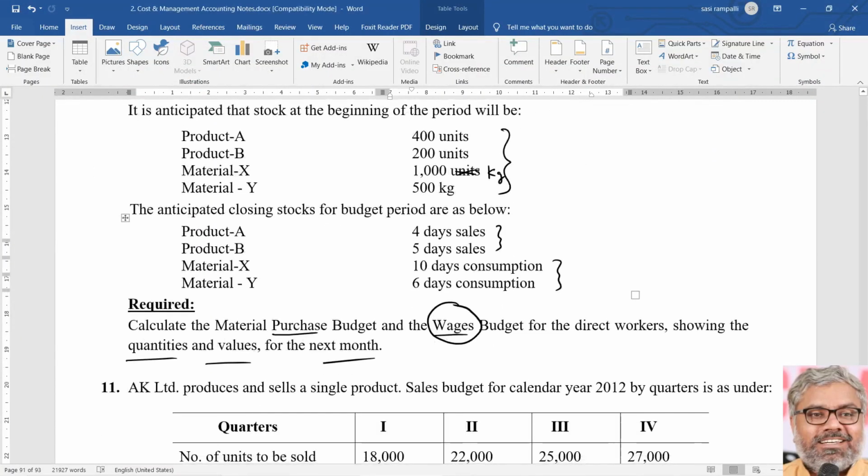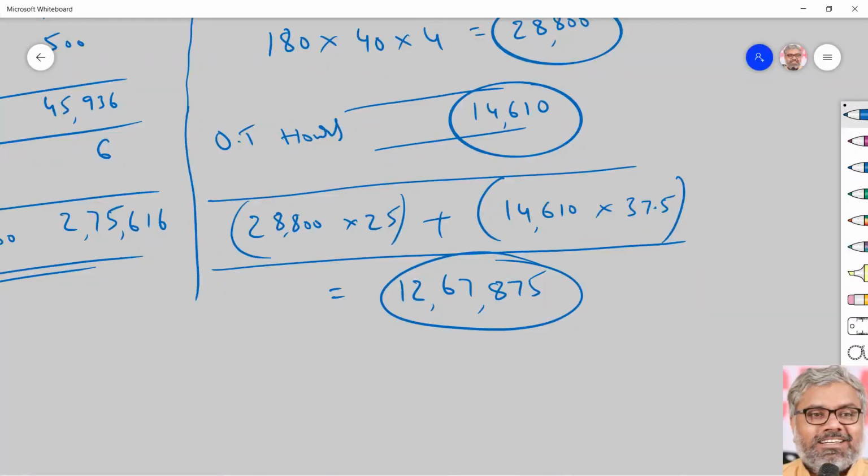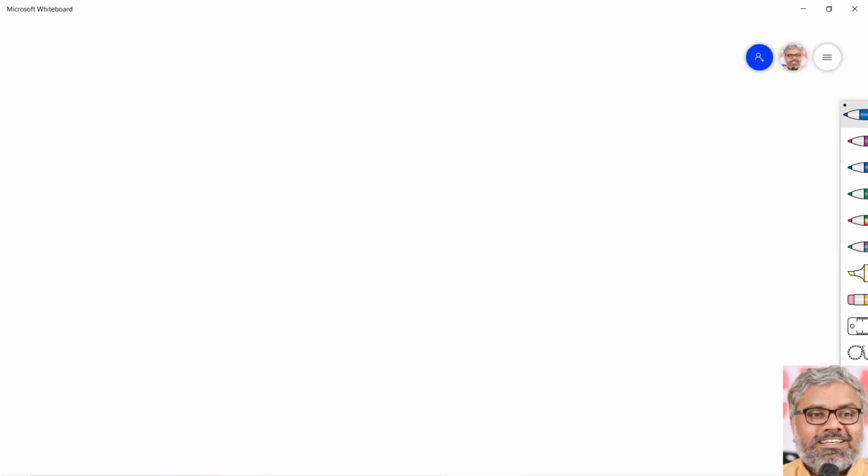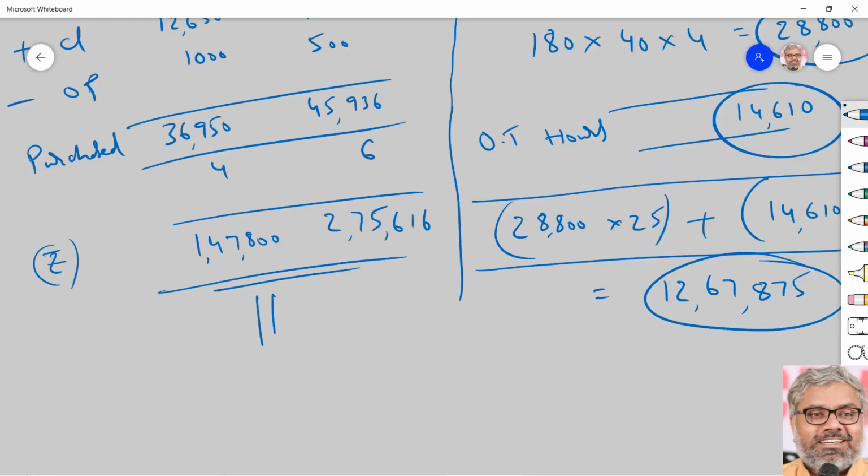How much will be the wages budget here? 12,67,875. How much will be the materials purchase budget here? If at all we take the total of those two, material purchase budget total in rupees 147,800 plus 275,616, 4 lakhs 23,416 rupees.